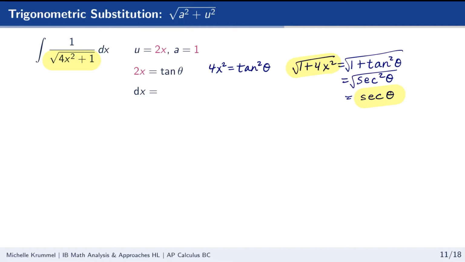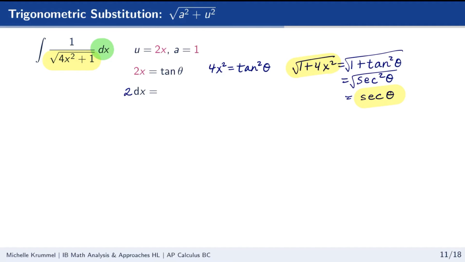We also must substitute something in for dx. So what does dx equal? Take the derivative of both sides of this equation. Go back to the original equation that relates x and theta. Take the derivative. Okay, so on the left, the derivative of 2x is 2 dx over d theta, but I'll put the d theta on the right.